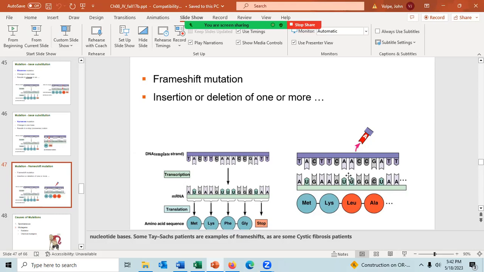And now this codon will not be AAA. It'll be AAC, which will be in the messenger RNA, UUG. Everyone see that? And that G was the start of the next codon.